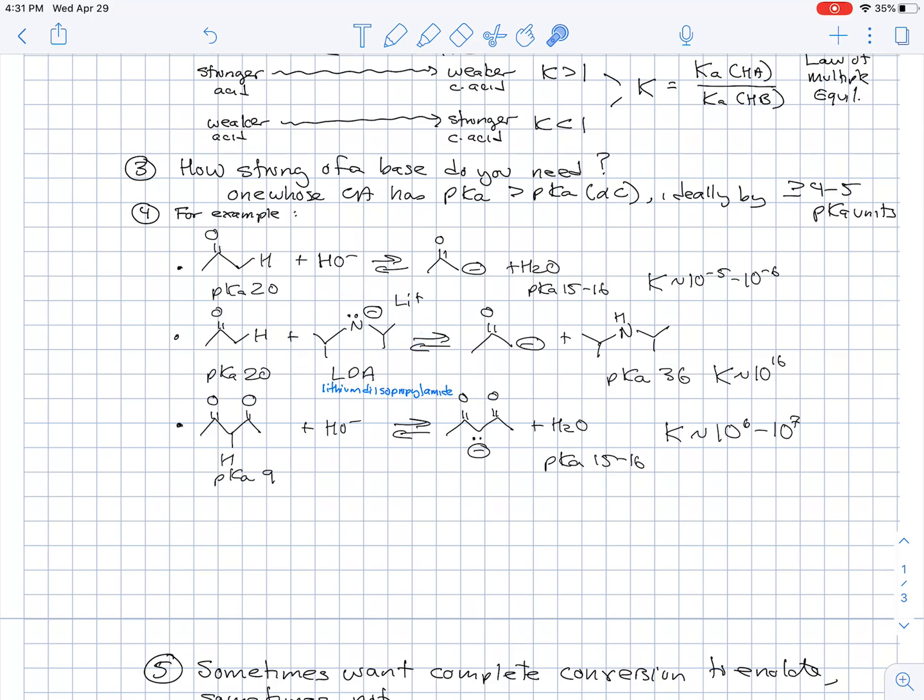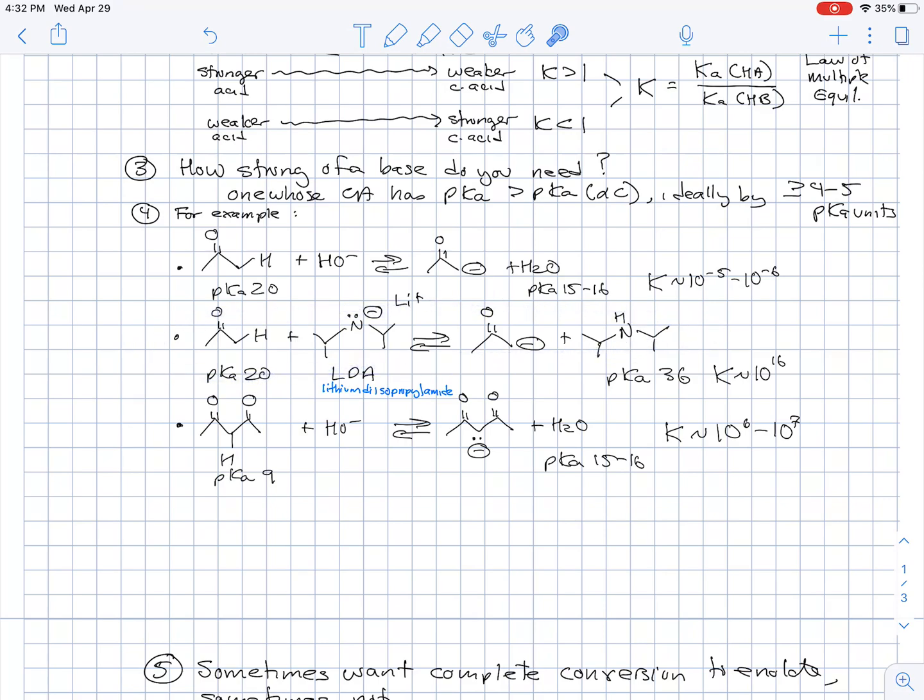This is the anion of an amine, and we think of amines as being bases. So this is the conjugate base of a compound that's way more of a base than it is an acid. And if you look, the pKa of its conjugate acid is 36. So that's going to be a weaker acid than pretty much anything.